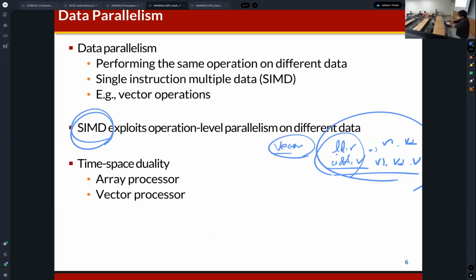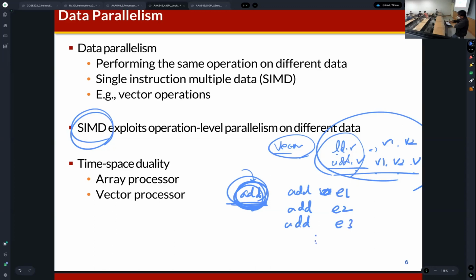The vector processor has one execution engine, and with pipelining, this execution engine executes a different element of the vector data every clock. So in the first clock the vector add engine executes the add for element 1, and then the next clock it adds E2 and then E3.